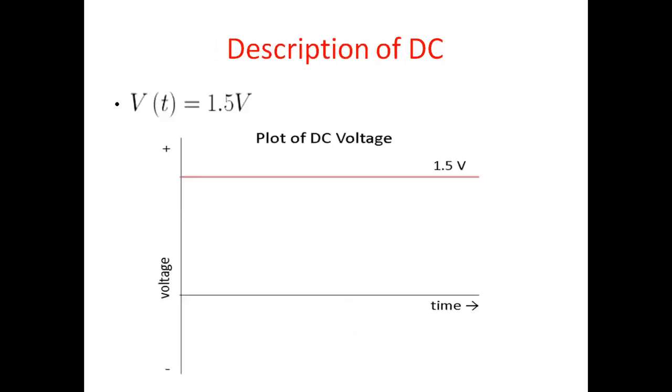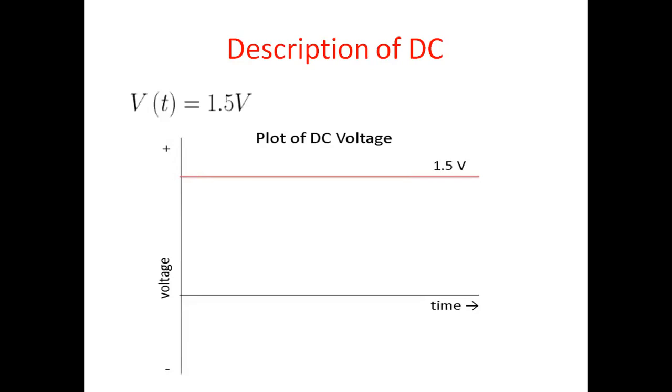Next point is how to describe direct current. As we know, direct current is a unidirectional flow of current. The voltage and current can vary over time so long as the direction of flow does not change.